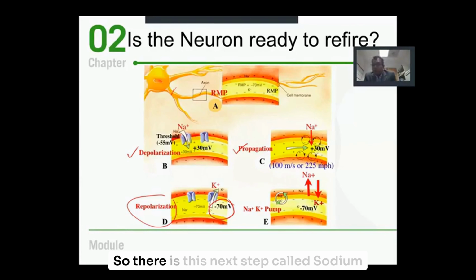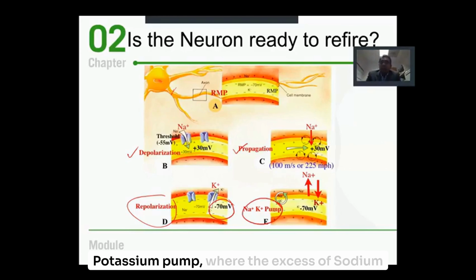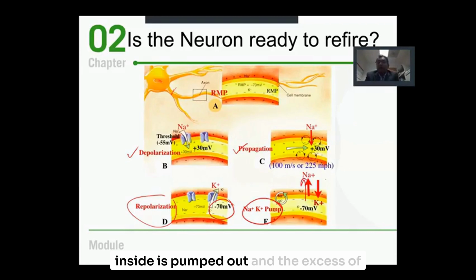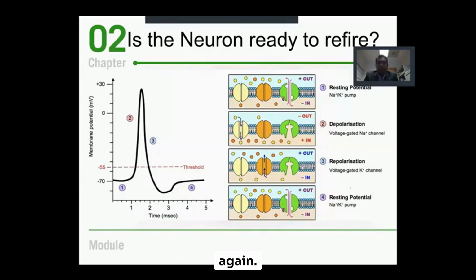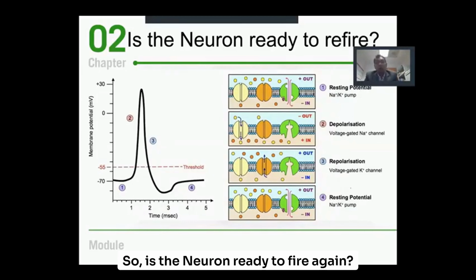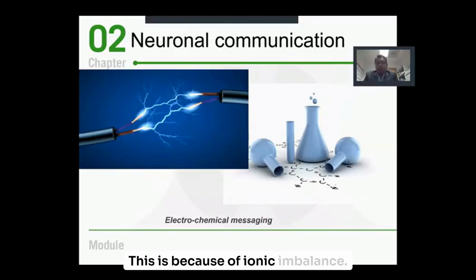So there is a next step called the sodium-potassium pump, where the excess sodium inside is pumped out and the excess potassium outside is pumped in, so that it's not only at negative 70 millivolts, but it has the appropriate amount of sodium outside and potassium inside for it to go through depolarization and repolarization again. So is the neuron ready to fire again? No. This is because of ionic imbalance.